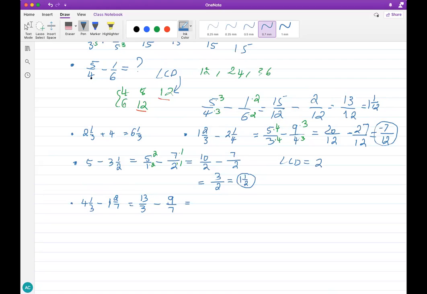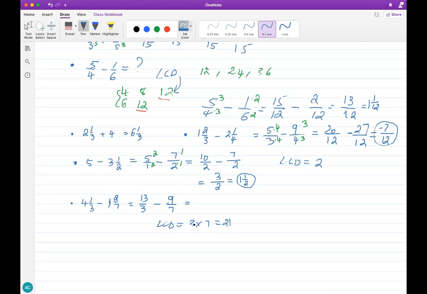Why isn't it the least? Because these are not prime. Both of them can be broken down: this is 2 and 2, this is 2 and 3. So you can't take the multiplication. Only if both the denominators are prime do you take the LCD as their product.